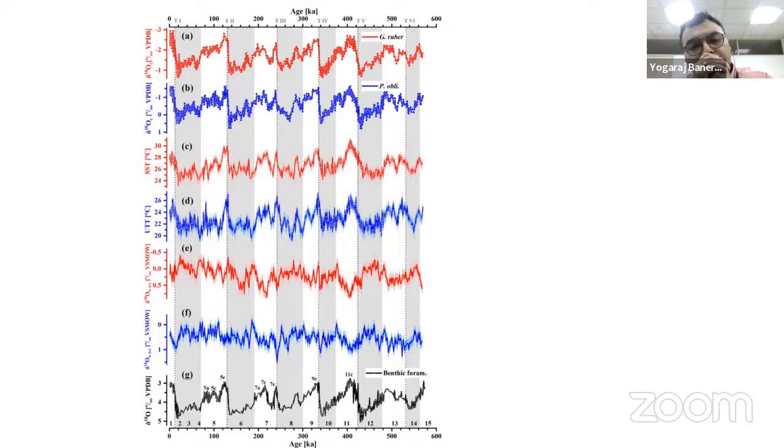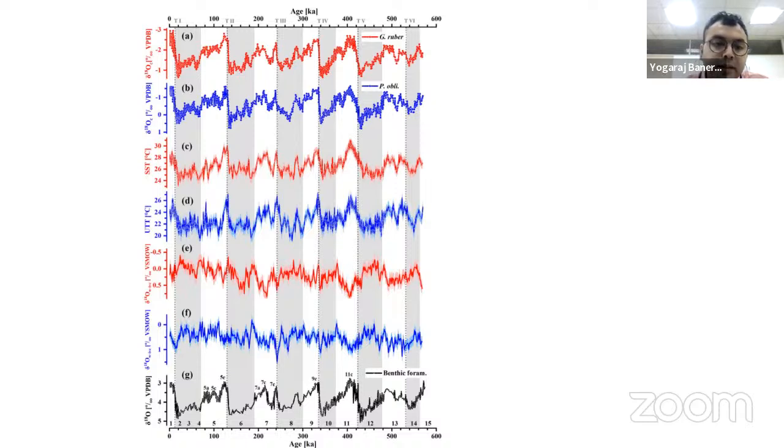The red points represent the data set from Globigerina ruber, and the blue data points represent the Pulleniatina obliquiloculata species. From panels A and B is the delta 18 O of the carbonate of the shell, and panel C is the SST determined from the magnesium to calcium ratios from ruber, and panel D is the UTT from Pulleniatina obliquiloculata, determined again from the magnesium to calcium ratios.